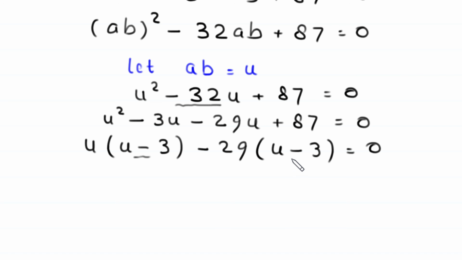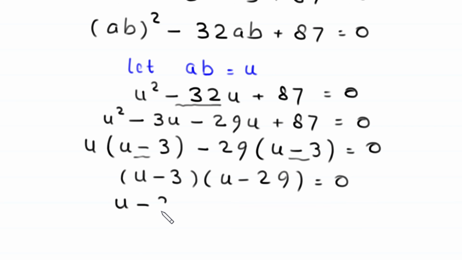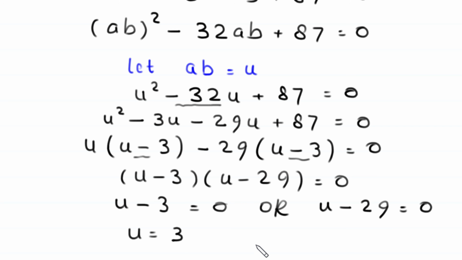This u minus 3 is a common factor, in bracket u minus 29 equal to 0. Either u minus 3 equal to 0 or u minus 29 equal to 0. From this, u will be equal to 3, and u will be equal to 29.